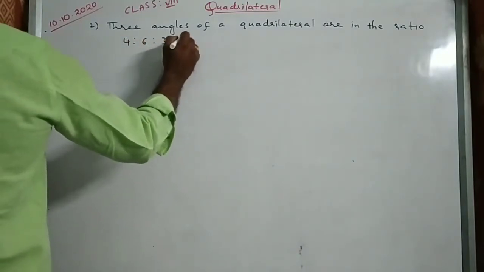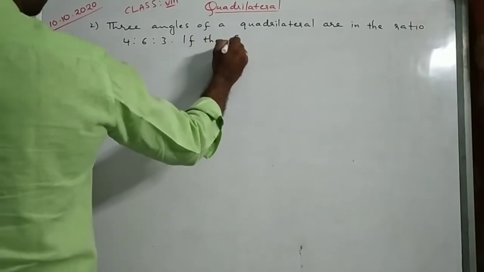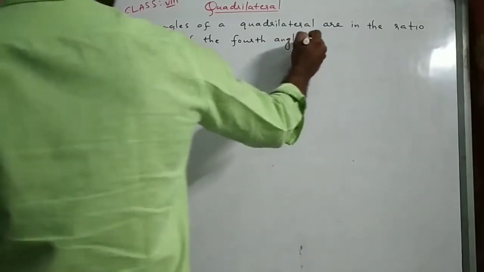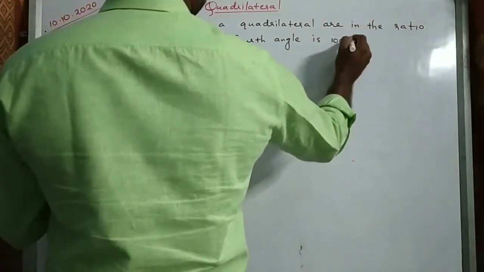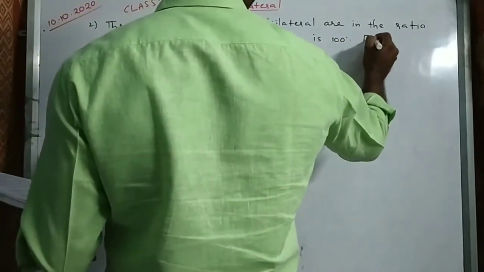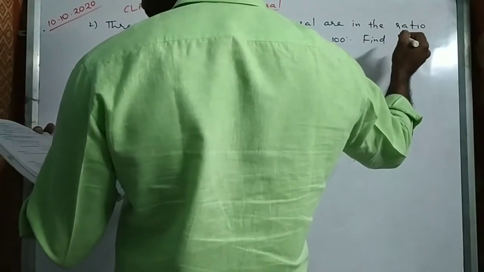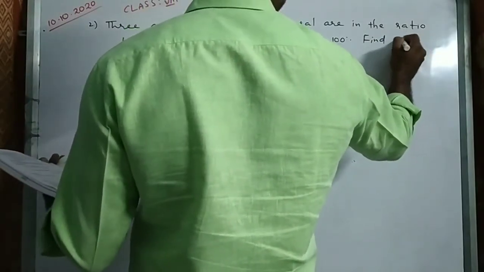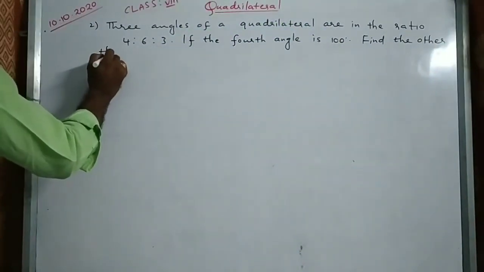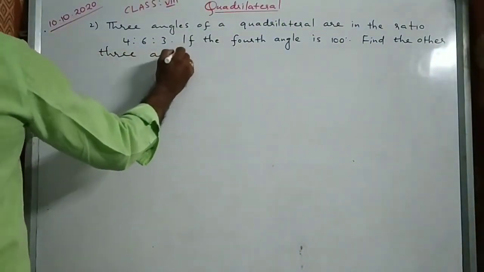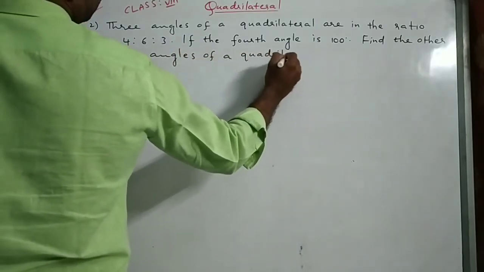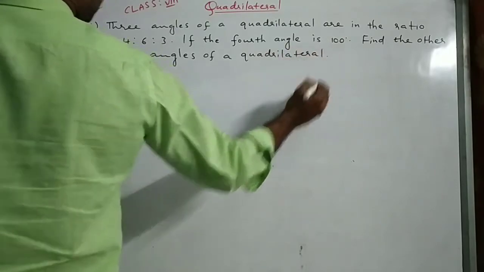If the fourth angle is 100 degrees, find the other three angles of the quadrilateral.